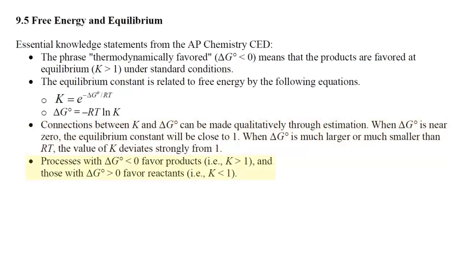And then finally, processes with a delta G that is less than 0 or negative would be thermodynamically favored, favoring the products, that is, the equilibrium constant K is greater than 1. And on the other hand, processes where the delta G is greater than 0 or positive would not be thermodynamically favored in the forward direction, so they would favor the reactants, that is, the value of the equilibrium constant K would be less than 1.